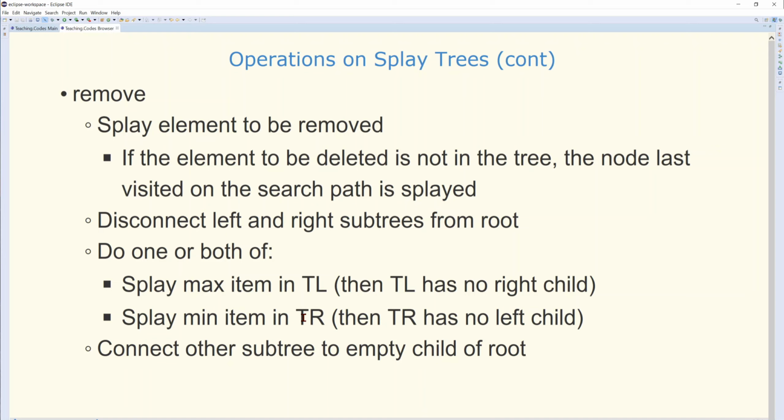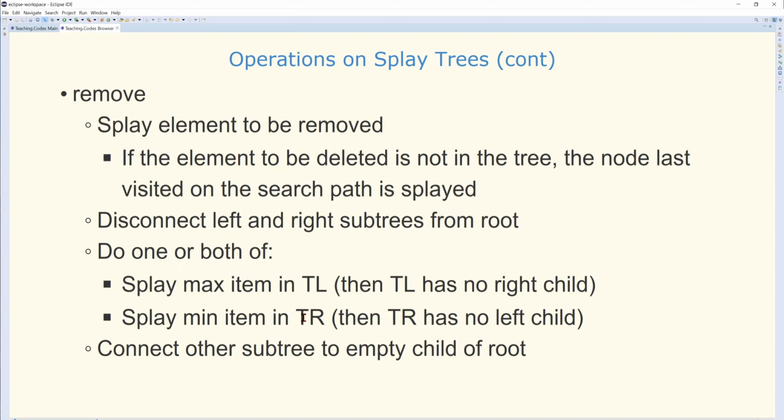And this way, you will have two subtrees where their respective roots do not have the left or right nodes. Because in one, it is the largest element, so everything is smaller than that, so it doesn't have any right children.